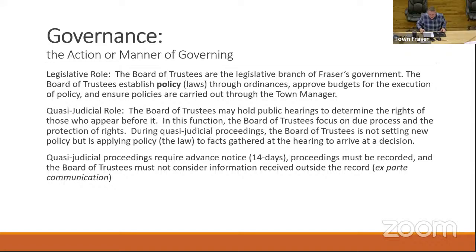Quasi-judicial proceedings also require advance notice, 14 days notice. That notice must be published. The proceedings must be recorded, and the Board of Trustees must not consider any information that's received outside of the record. In other words, they only rule on the evidence that's presented during that quasi-judicial proceeding.